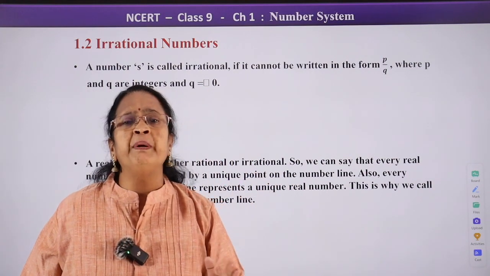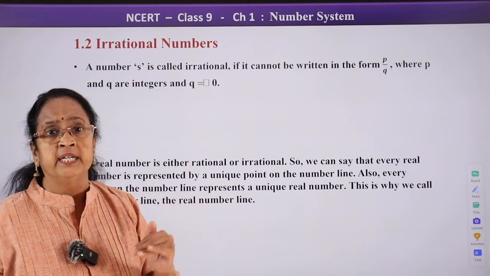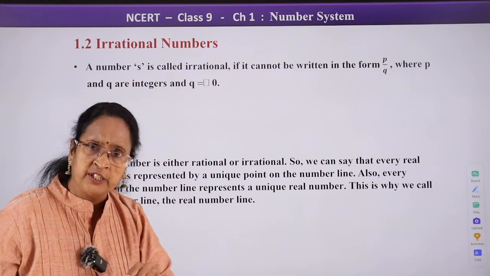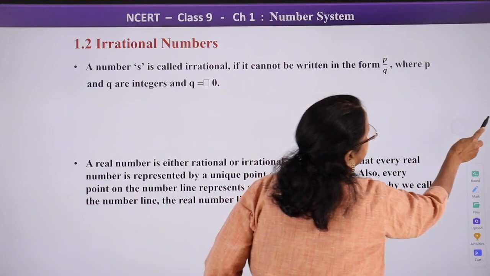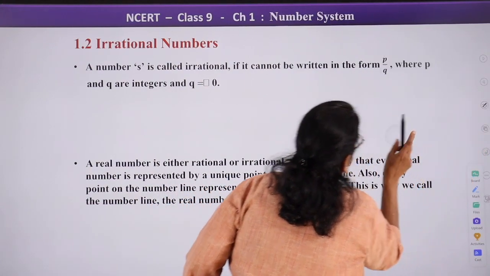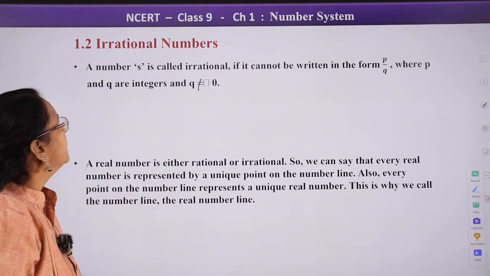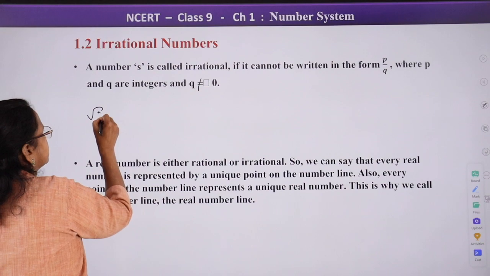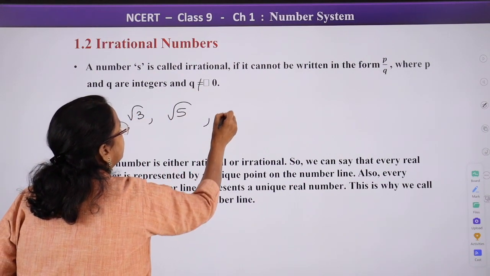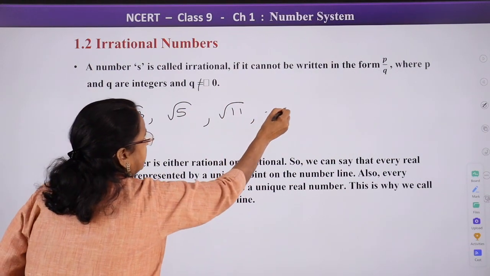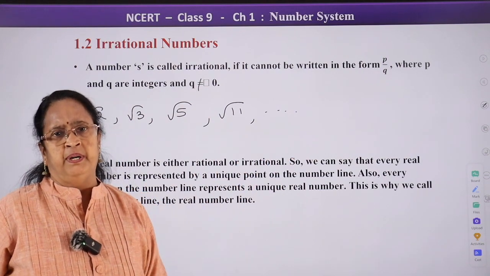That means they cannot be written as a ratio of two integers, provided Q is not equal to 0. These are irrational numbers. For example, root 3, root 5, root 2, root 11 and so on.